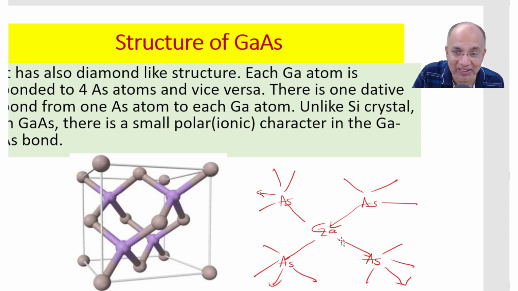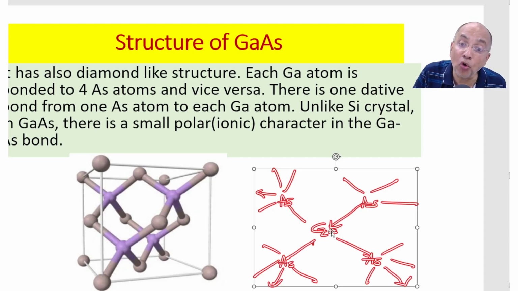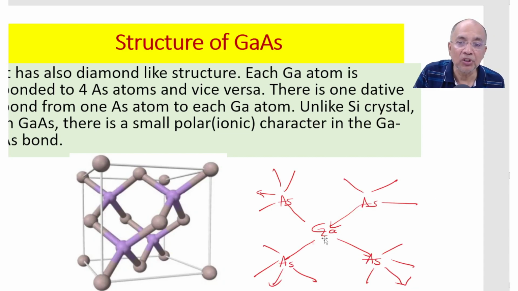That is possible by 3 normal bonds from gallium and another dative or coordinate covalent bond from arsenic, because the 4th and 5th electrons are in the form of a lone pair. So that pair is now a bond contributed or donated by one atom, which is arsenic. So this is a coordinate covalent bond or a dative bond. Therefore, every gallium is bonded to 4 arsenic atoms, and each arsenic atom is also bonded to 4 gallium atoms.